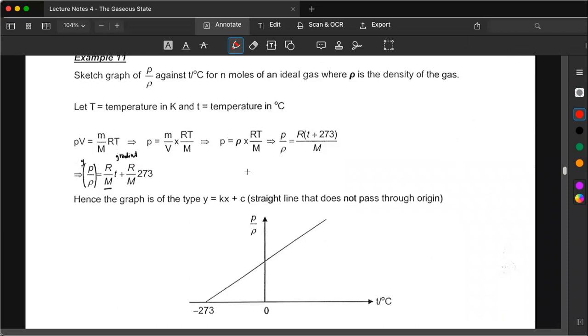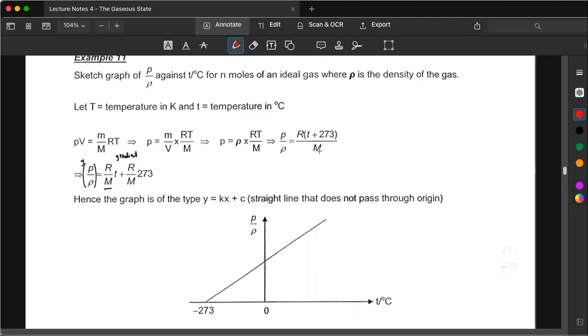You shift the equation: M over V becomes density, and then P over density equals R times (t plus 273). Make sure you convert to degrees Celsius and not keep it as Kelvin, because that's what the question wants.